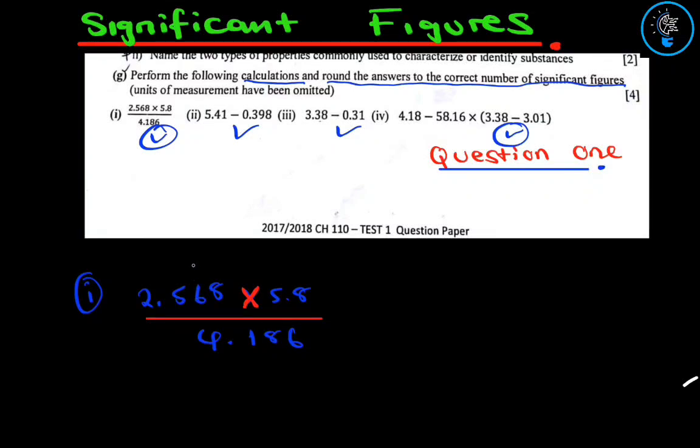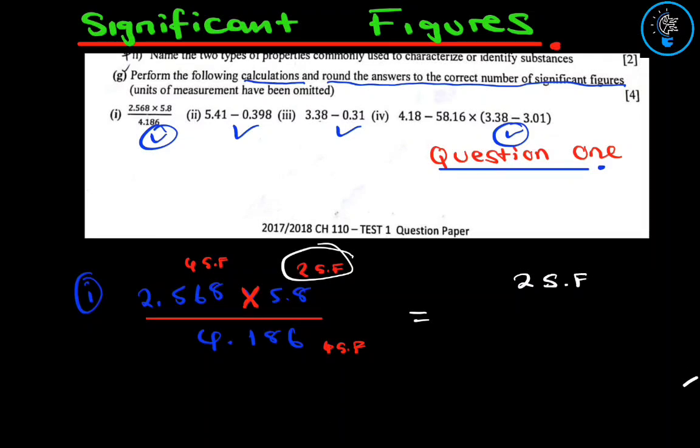This factor has 4 significant figures, that factor has 2 significant figures, and this factor has 4 significant figures. So our answer must have 2 significant figures.